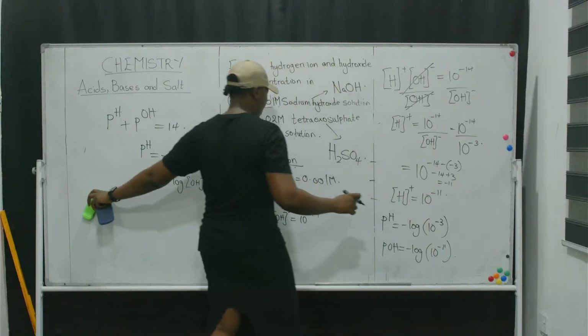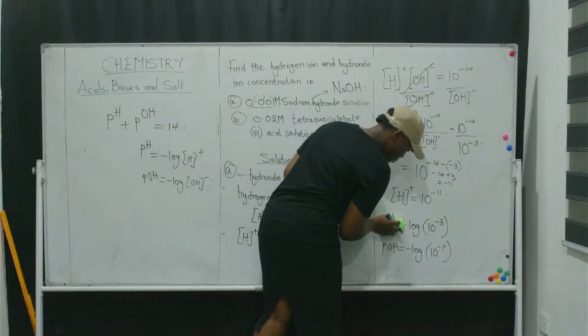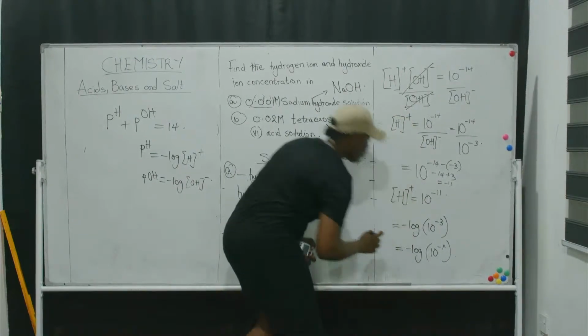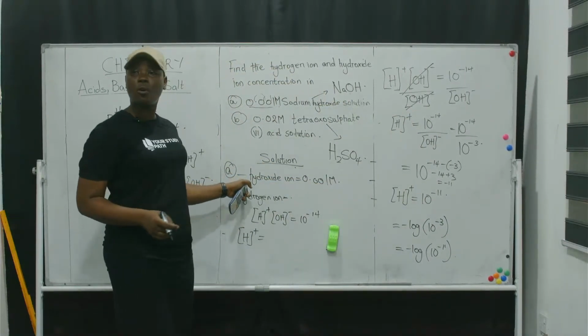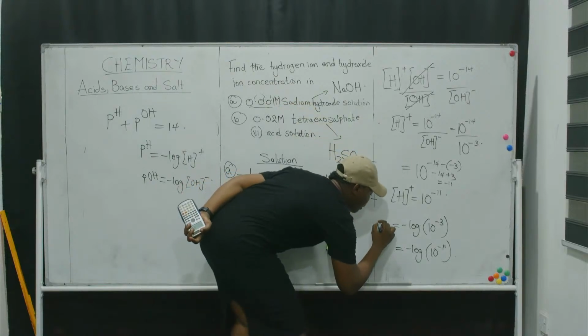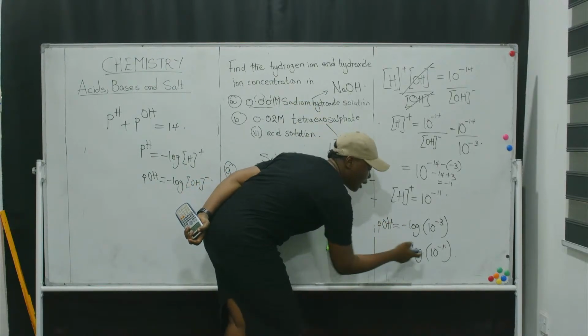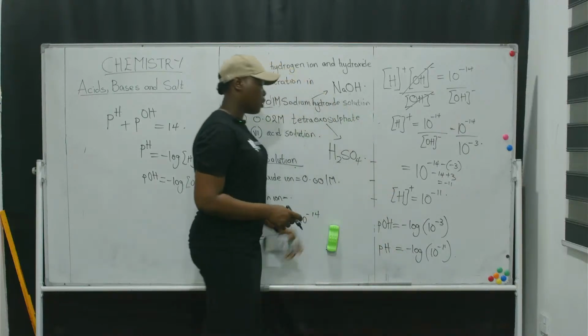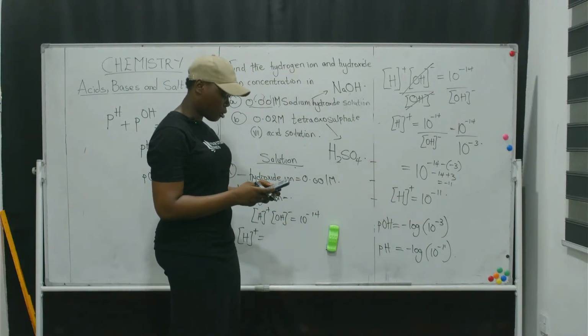That was a mistake. Then this one, minus 3, is for hydrogen. So this is pH. And this is for OH, so this is pOH. Let's press that on our calculator. Minus log 10.